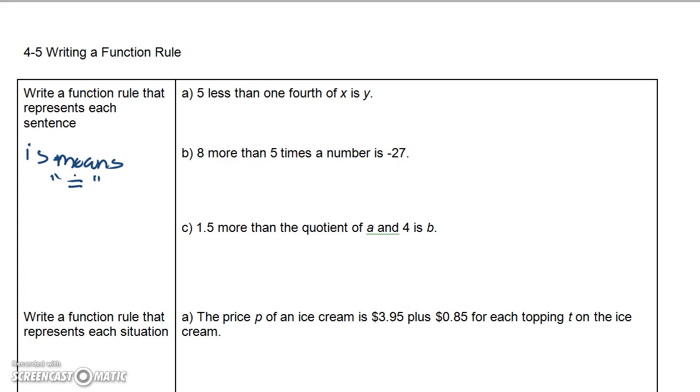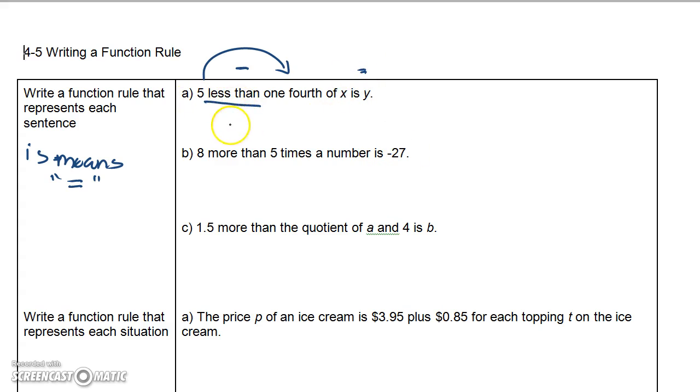So, first example, 5 less than 1/4 of x is y. 5 and then less than for me is important because it means subtraction. Thing about less than and more than for that matter is you are supposed to switch the order. And then it says 1/4 of x is, that means equals y.